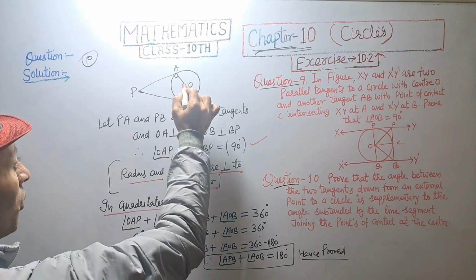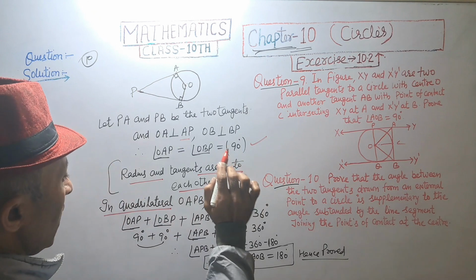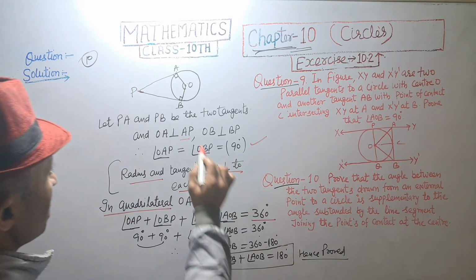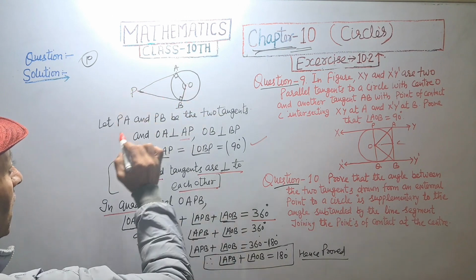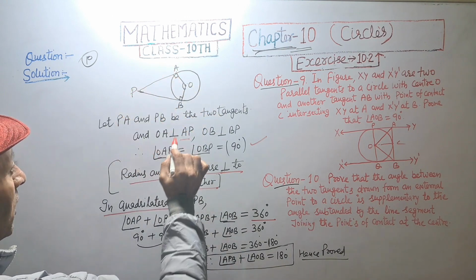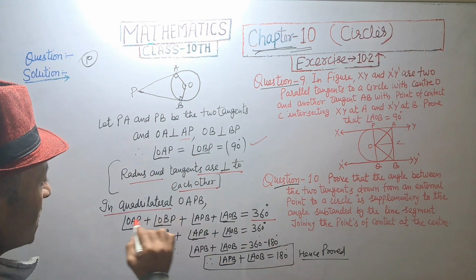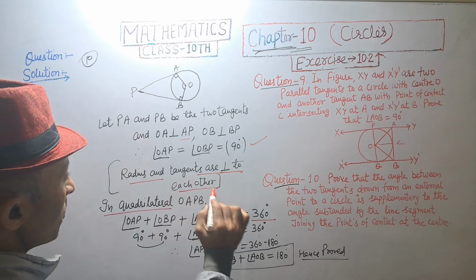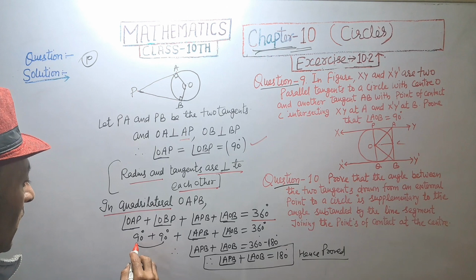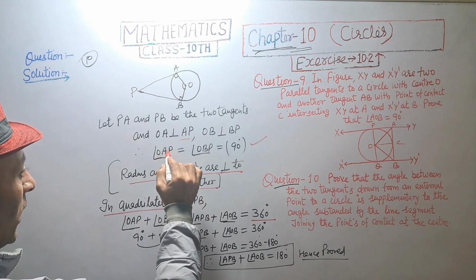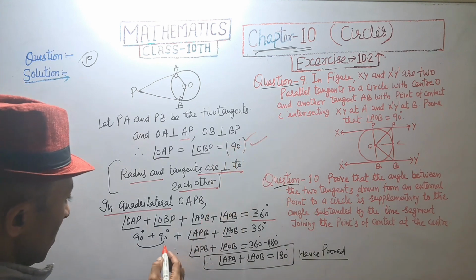In quadrilateral OAPB, the sum of all angles is equal to 360 degrees: OAP plus OBP plus APB plus AOB equal to 360.